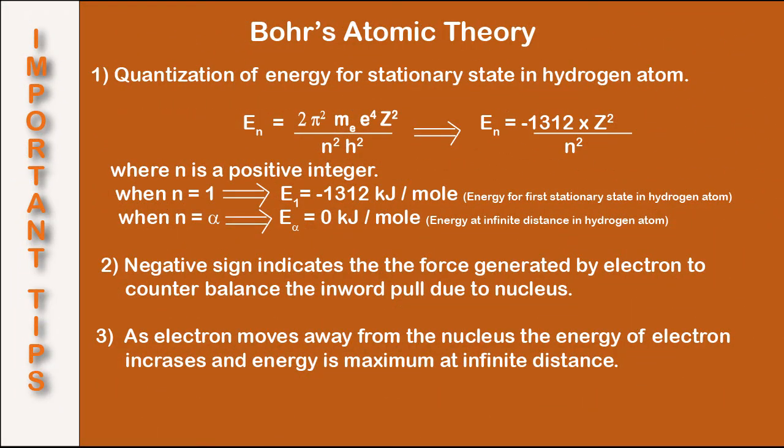So to sum up, on your screen you can see the nth orbit energy for different energy states and the significance of negative sign as well as the minimum and maximum energy of the electron. You can jot it down or you can take a snapshot of the screen. So we have discussed the formula.